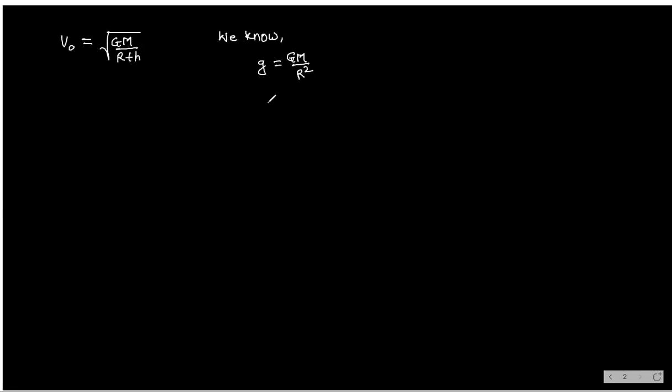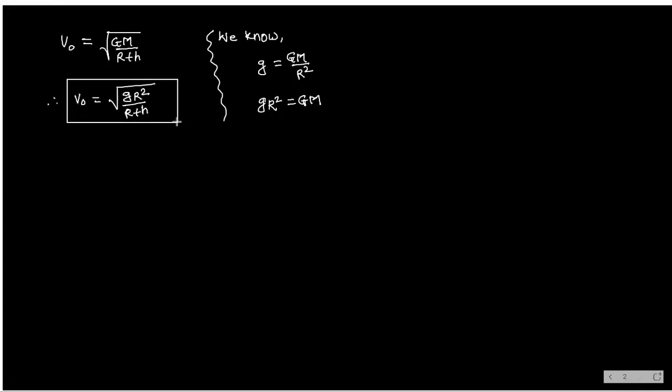If I transfer this R square here, then I get gR square is equal to GM, and therefore v0 is equal to under root of gR square divided by (R plus h). This is orbital velocity. What I did, in the place of this GM, I have substituted gR square. Now, this is the orbital velocity formula we got at height h in terms of small g.